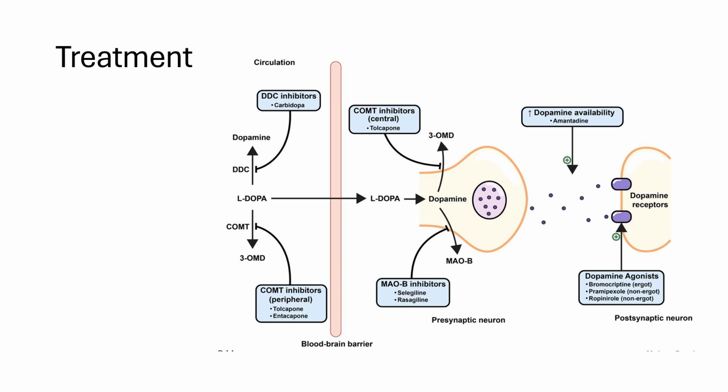So treatment, and this is all for those motor effects that we're seeing, the bradykinesia and the slowness of movement. The aim there is to try and restore that by increasing the endogenous dopamine level in the brain. First line generally is levodopa.